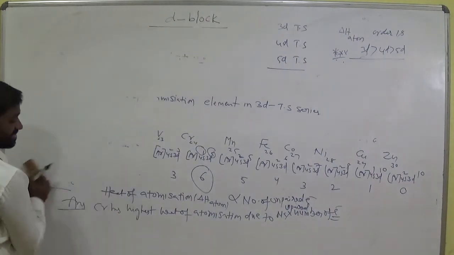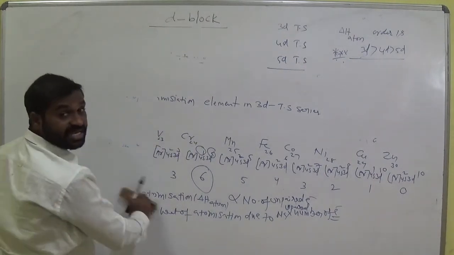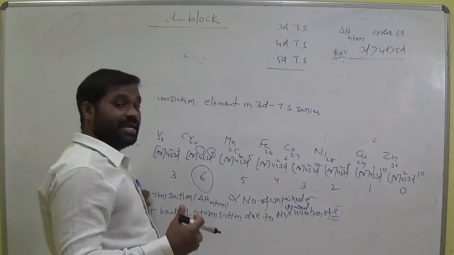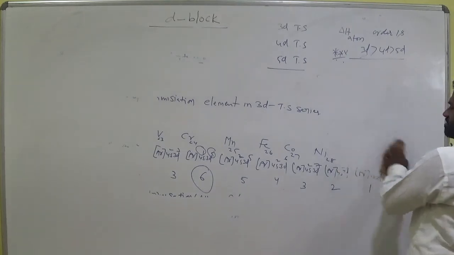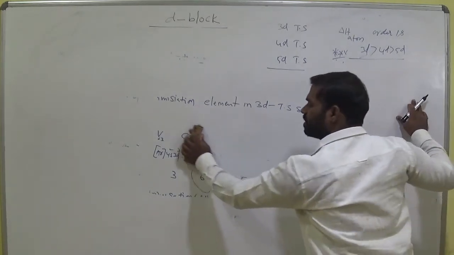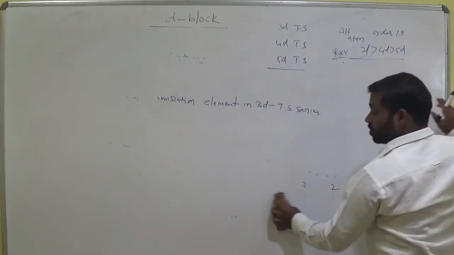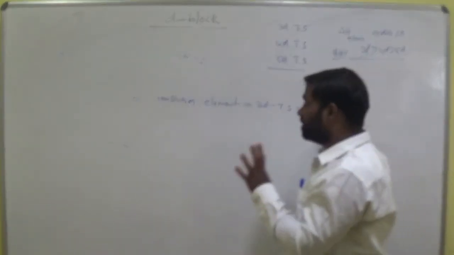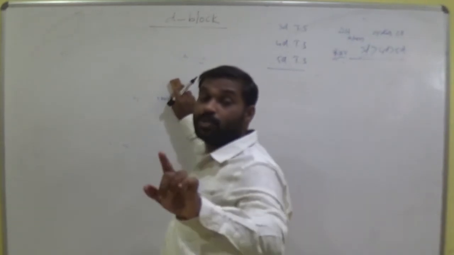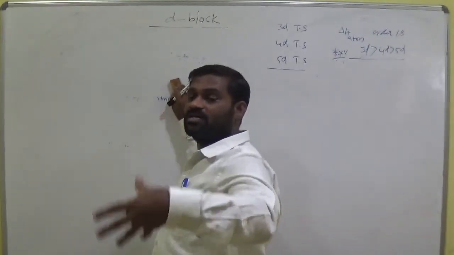So why chromium has highest heat of atomization here? Maximum number of unpaired electrons are available in chromium. So what happens when maximum number of unpaired electrons are possible in a particular atom? So when single electrons or unpaired electrons are available in that atom or ion, then it can make maximum number of bonds. Am I right?